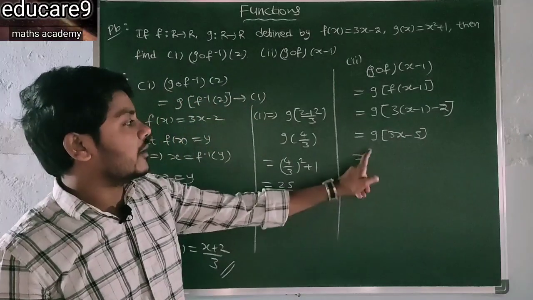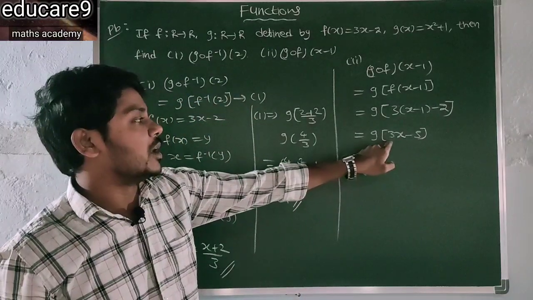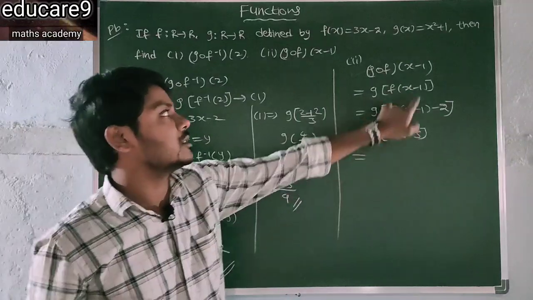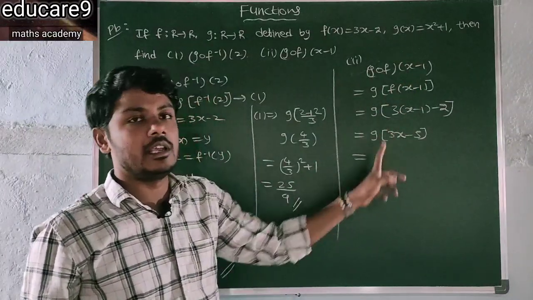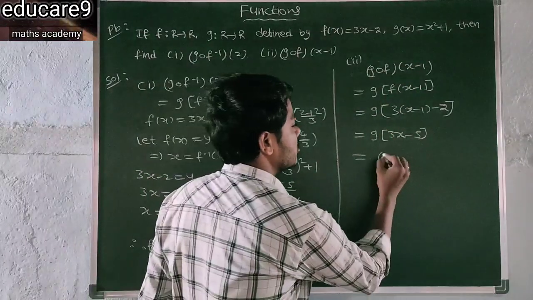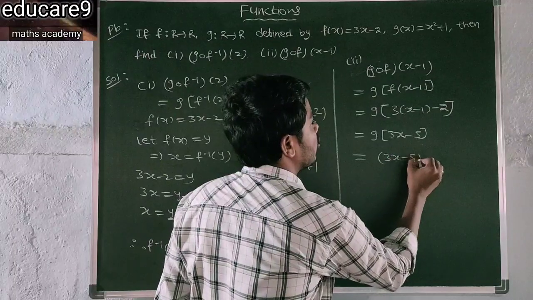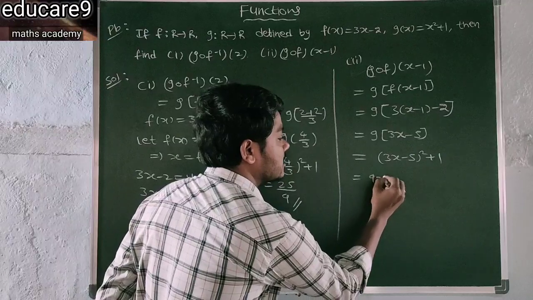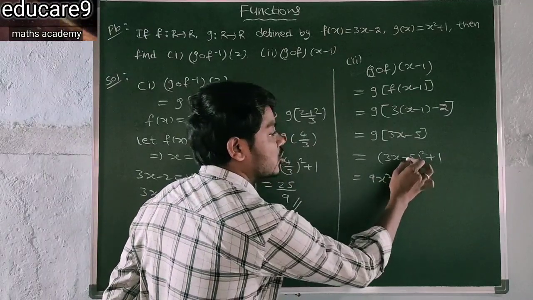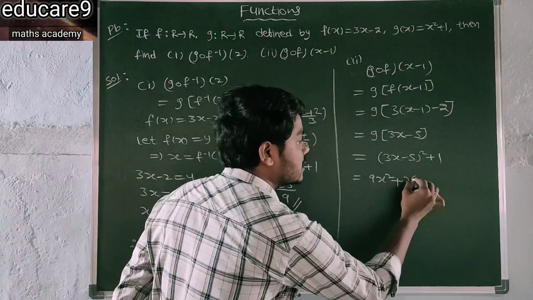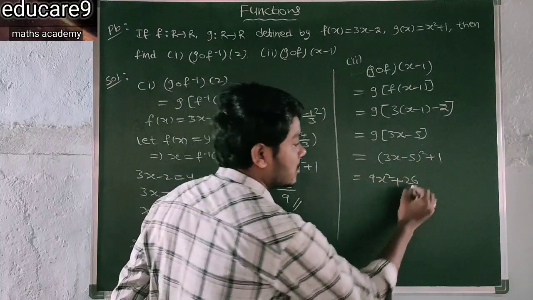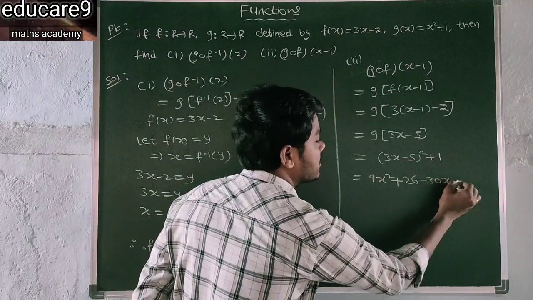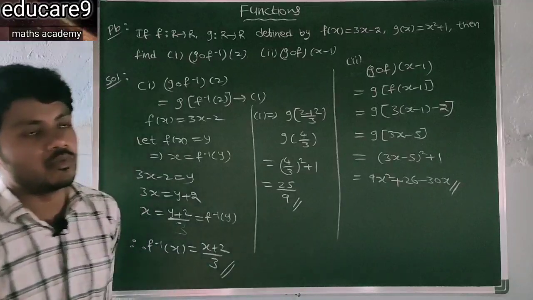Now put it in the form of g of x: in place of x put 3x minus 5. So you get (3x minus 5) whole square plus 1. This is 9x square plus 25 plus 1, that is 26, minus 30x. So this is the second one.